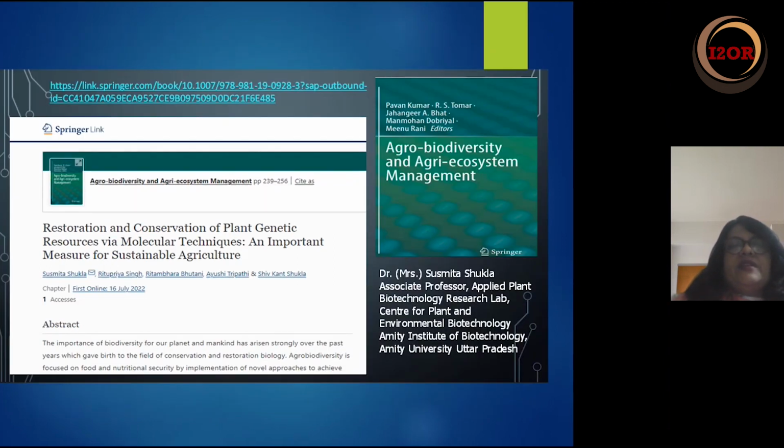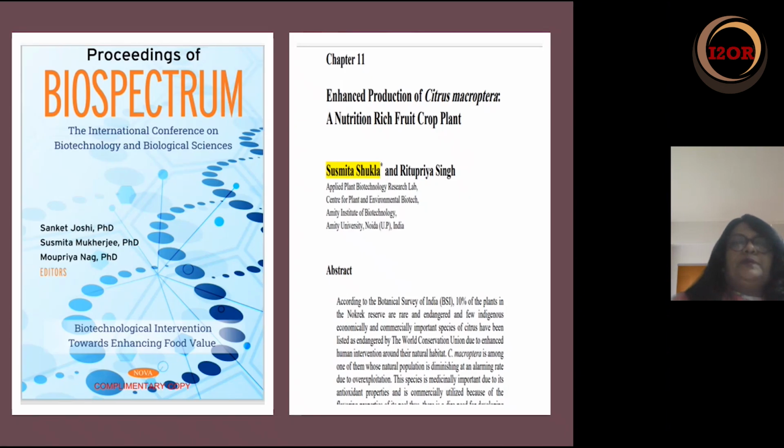Second, as I've already said, restoration and conservation of plant genetic resources are also important. You can see here that via molecular techniques, an important measure for sustainable agriculture can be obtained. You can also go through this chapter to get a glimpse of how these important plant biotechnology tools can be utilized for germplasm conservation and restoration of different plant genetic resources.